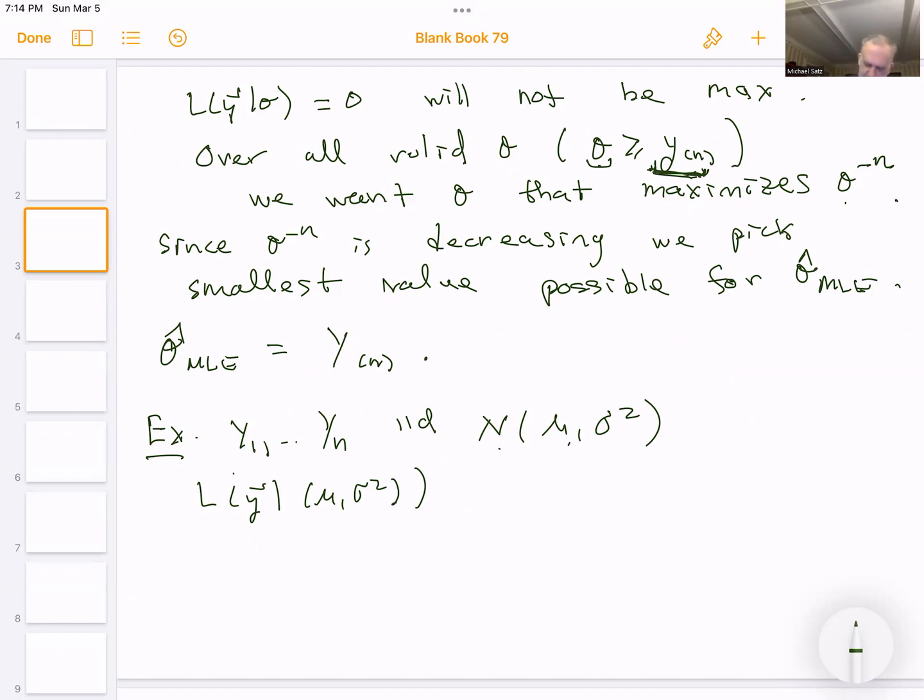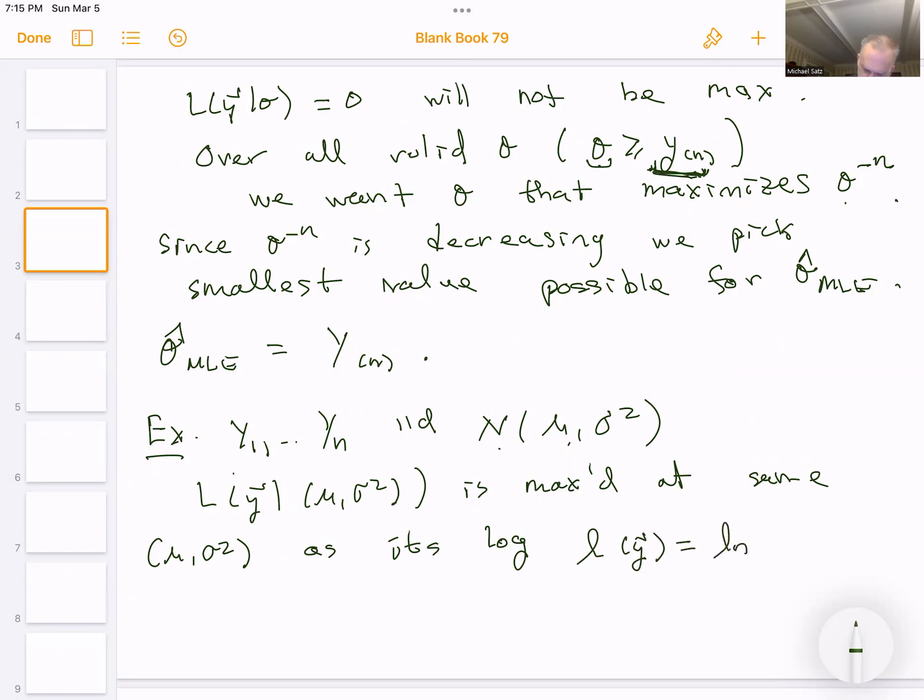So we'll say this is maximized at the same mu sigma squared as its log, which we'll write like this, little l y, equal to the natural log of, say, this.